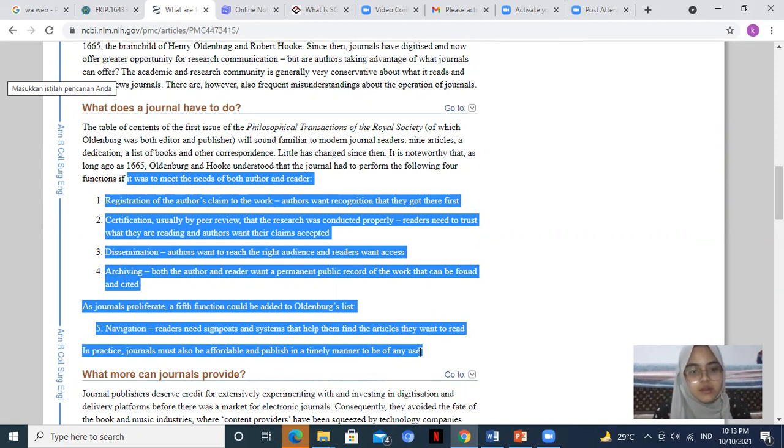Journals must also be affordable and published in a timely manner to be of any use.